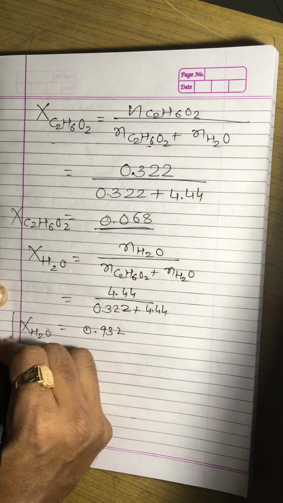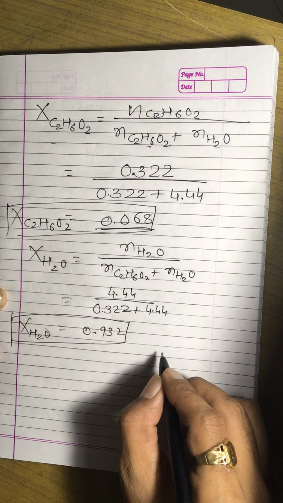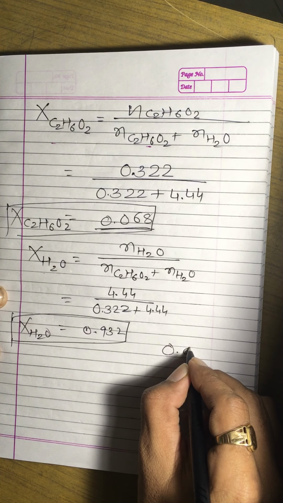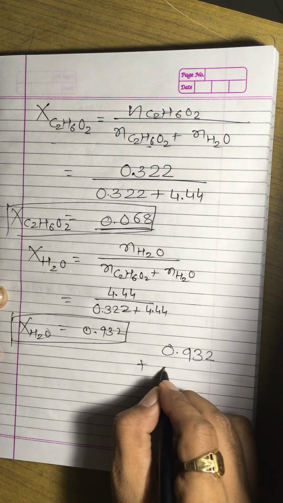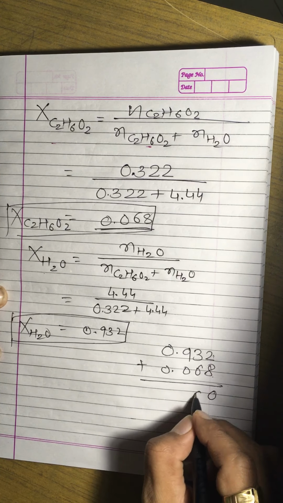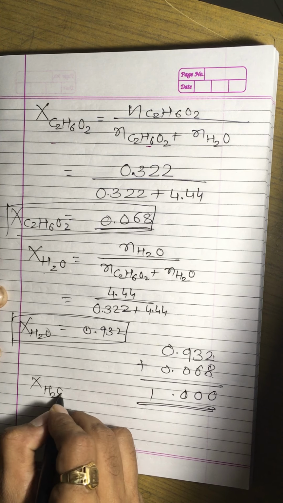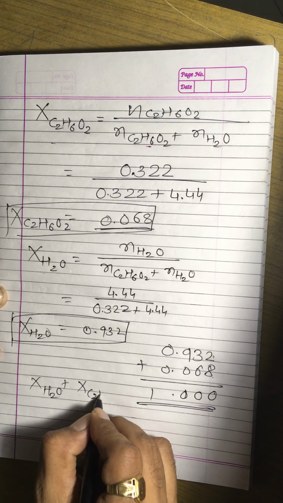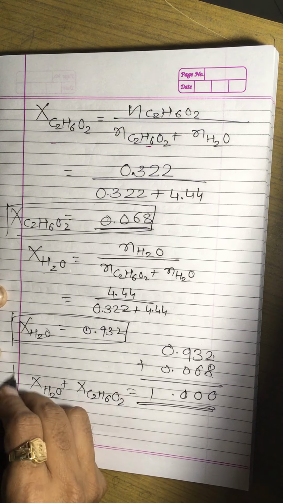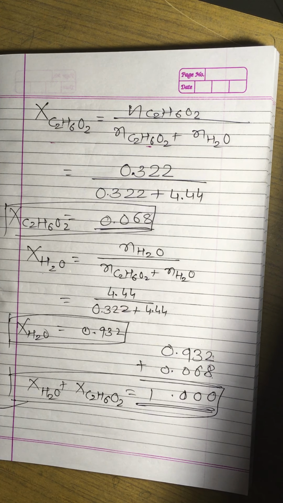That is mole fraction value 1 and this is mole fraction value 2. If you add 0.932 plus 0.068, you will get the answer 1.00, x of H2O plus x of C2H6O2. This is to verify whether your answer is correct or not. Thank you, friends.